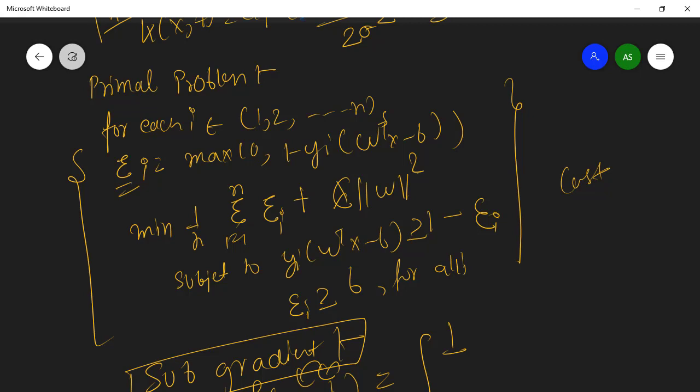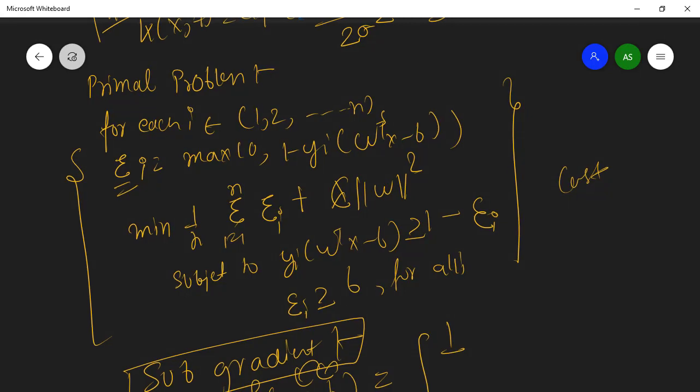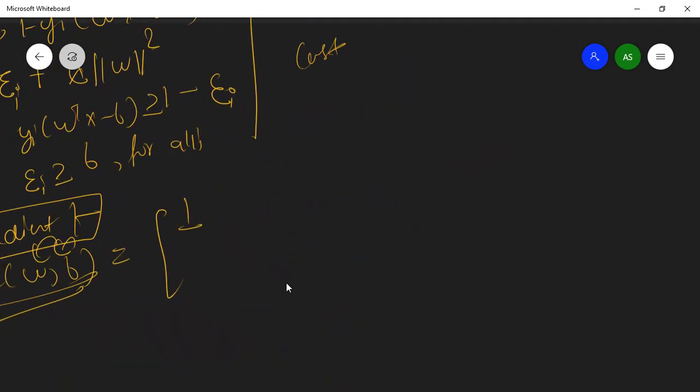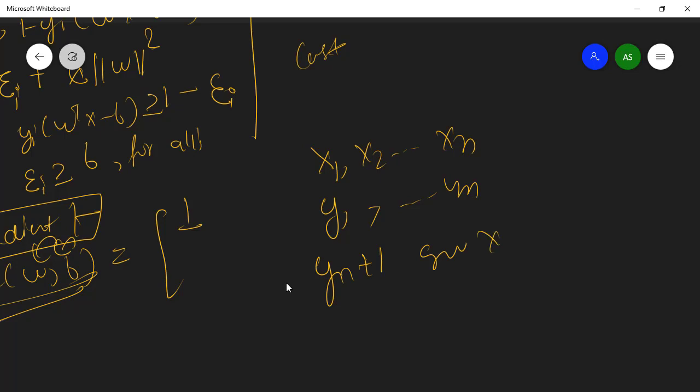One more thing that is very popular among beginners learning theory is something called empirical risk minimization. What do we mean by empirical risk minimization? Given the inputs x1, x2, all the way down to xn, and given y1 all the way down to yn, you want your output y n plus 1, given x n plus 1.